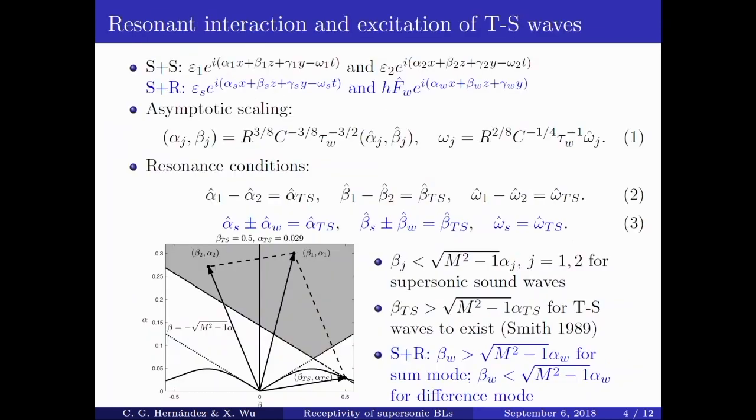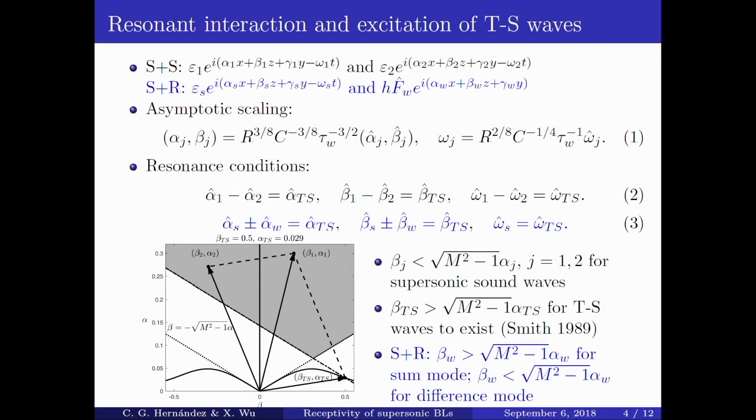Here, what we need to do is rescale the wave numbers and frequency, Reynolds to 3/8 and Reynolds to 2/8. The key point here is the scaling for the frequency, because this is different from the literature. In this way, it leads to a phase speed of the order of Reynolds to the -1/8.